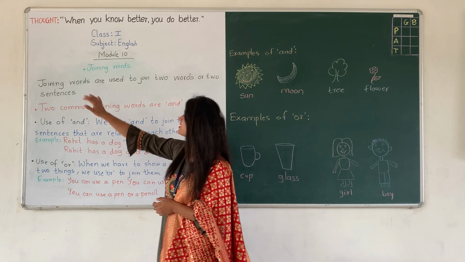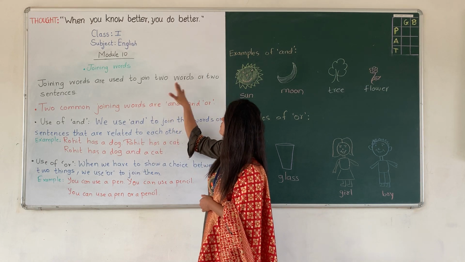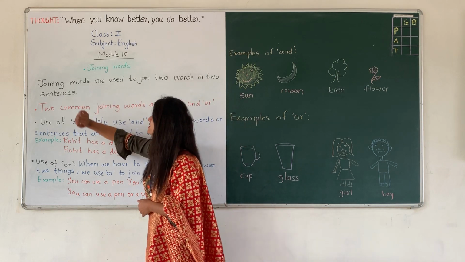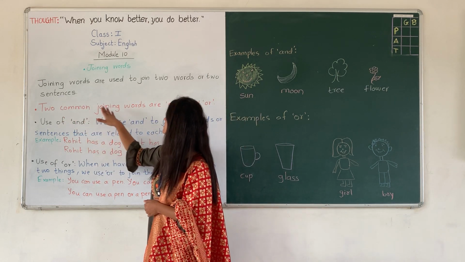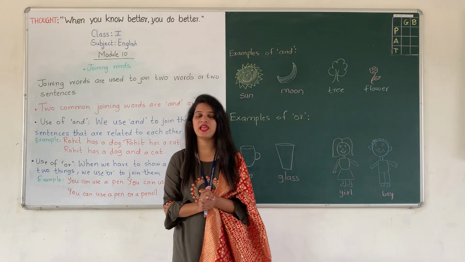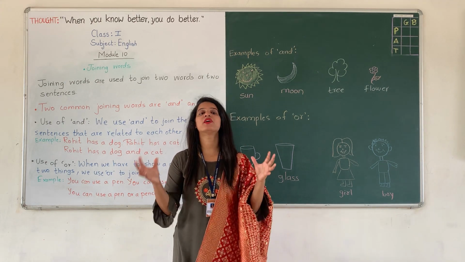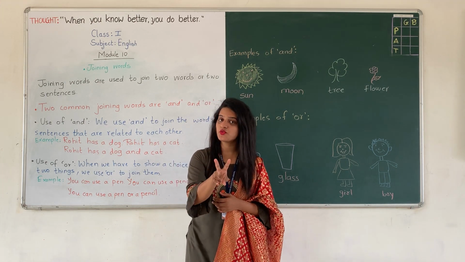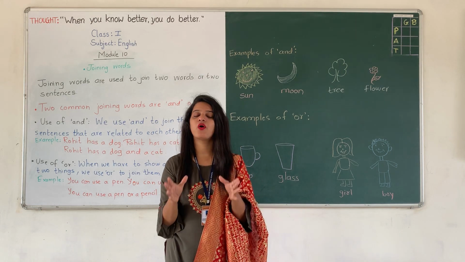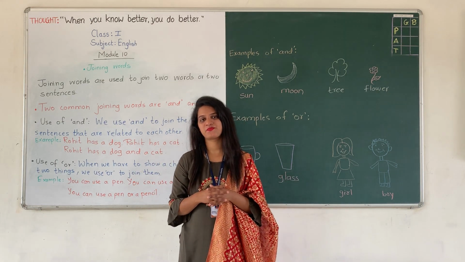Alright, so let us see. Joining words are used to join two words or two sentences. Two common joining words are and, or. As I told you, joining words join two words together, or they also join two sentences.